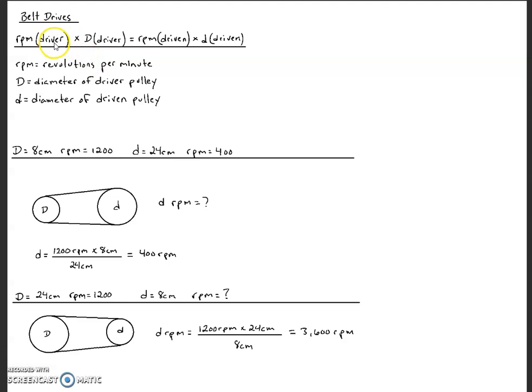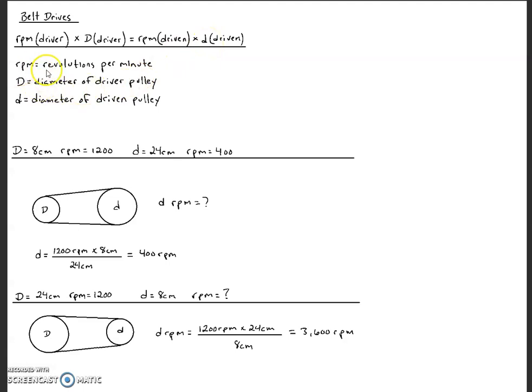What we have here, you may recognize this. There's something very similar with what we've done in the past here. So the driver RPM times the driver diameter is equal to the RPM of the driven times the diameter of the driven.